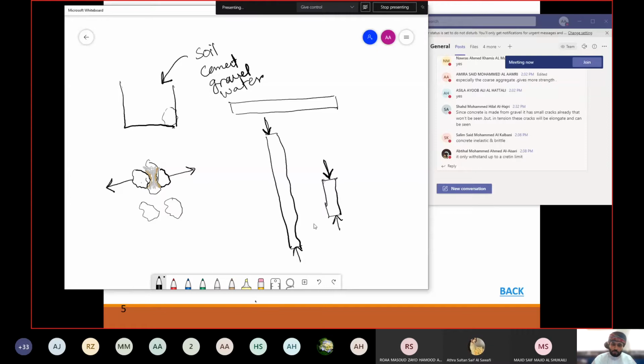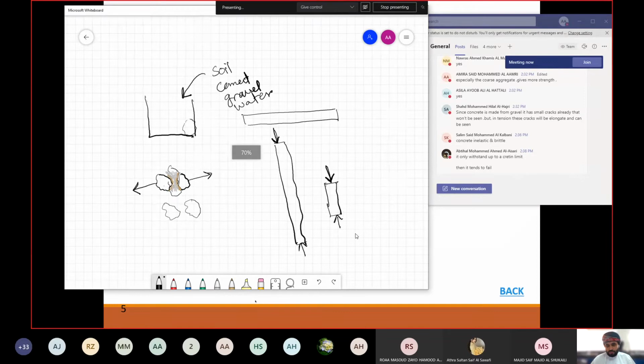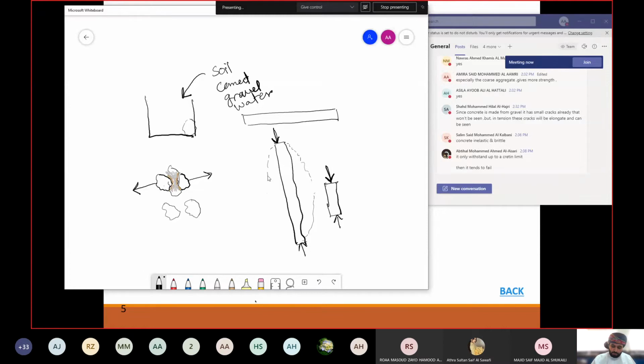For the short one, normally nothing will happen, because it's already too short. You cannot squeeze it easily. What about the longer element? You will see that the longer element is going to buckle on one side, either on the right side or on the left side.